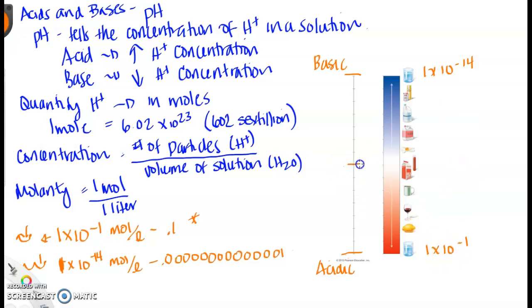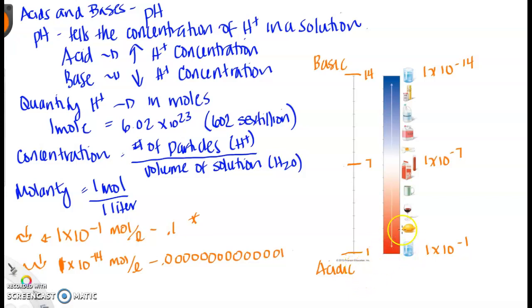If we look here in the center, this is 7, right? That's going to be 1 times 10 to the negative 7. Okay, so that means this is 1 and this is 14. So 14 is going to be the least acidic thing. A 1 is going to be the most acidic thing.